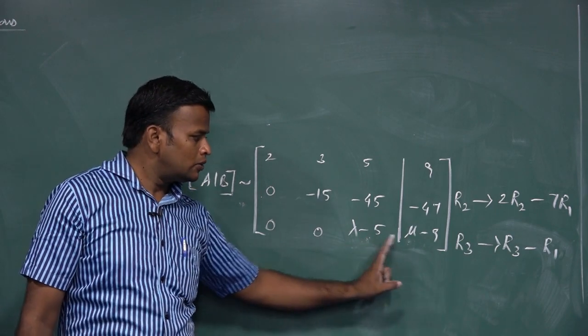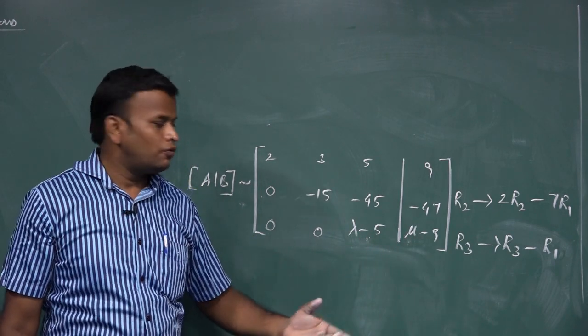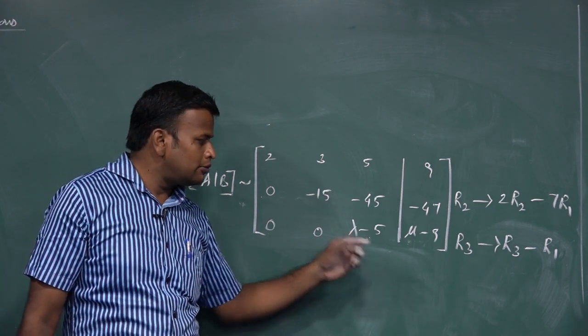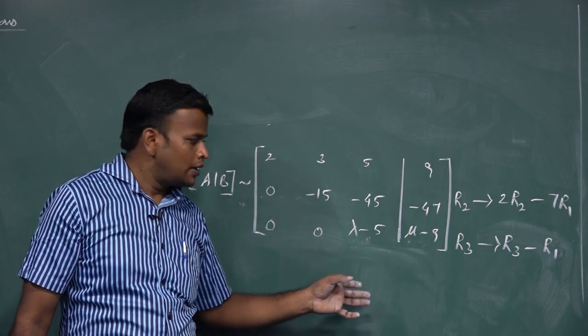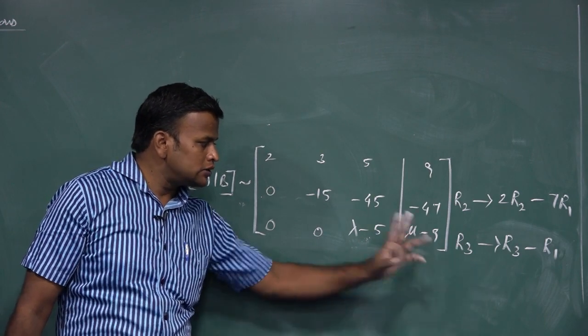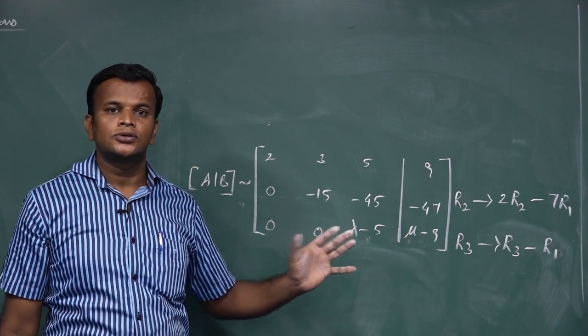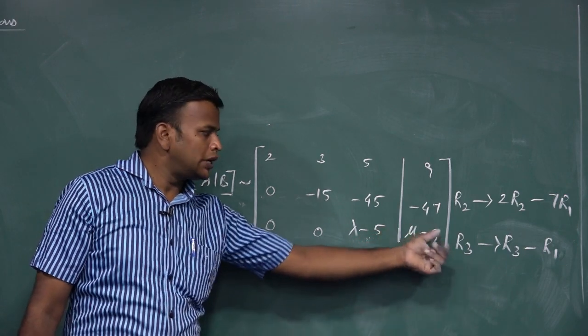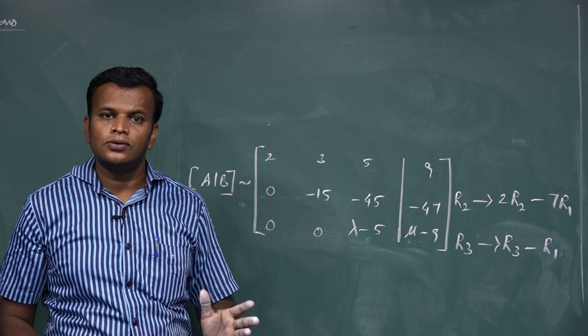That element is 0, this element is also 0. When lambda is 5, that element becomes 0, and when nu is 9, this element also vanishes. So we put lambda minus 5 is 0 and nu minus 9 is also equal to 0.